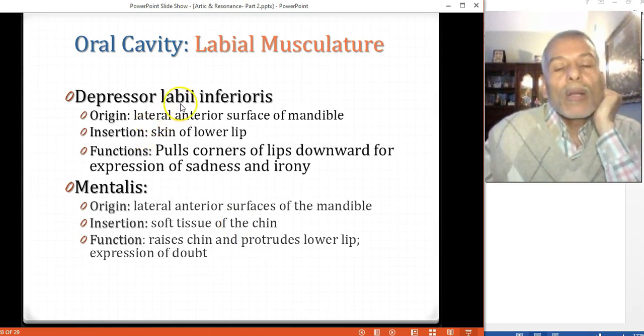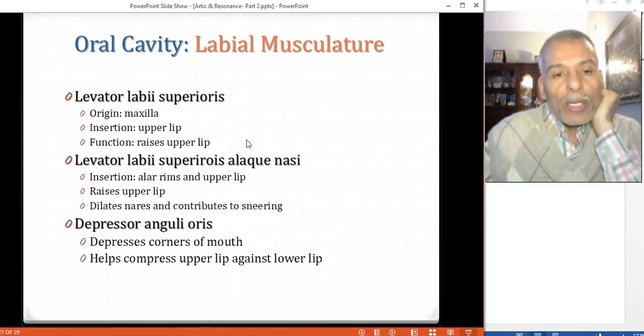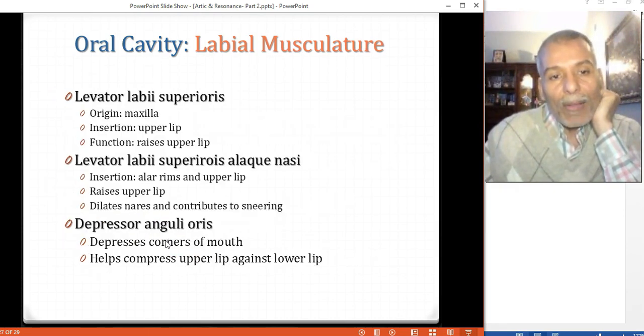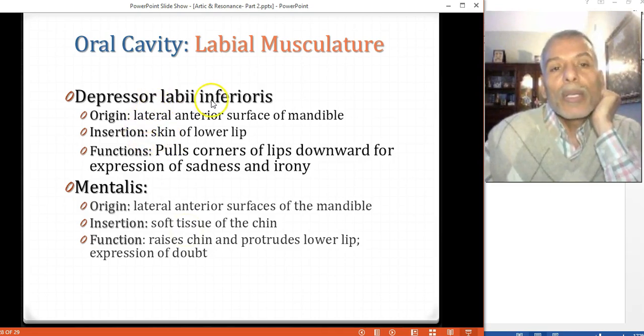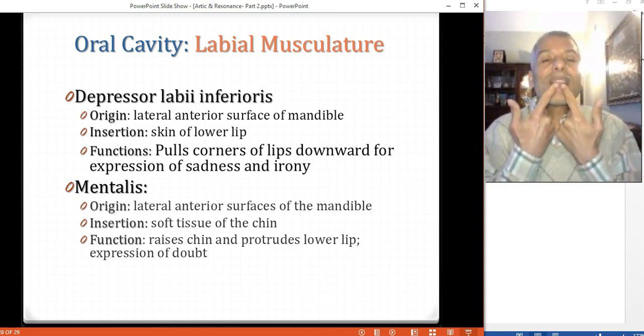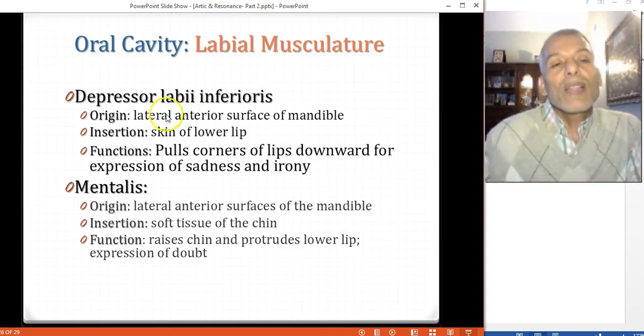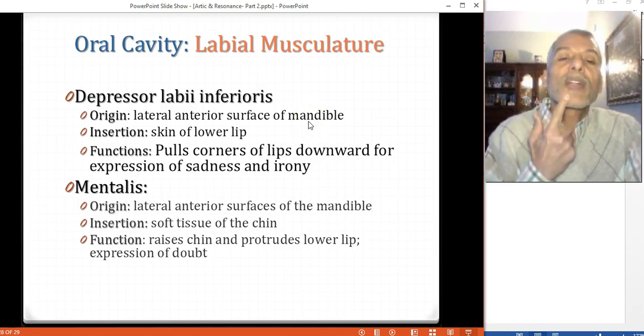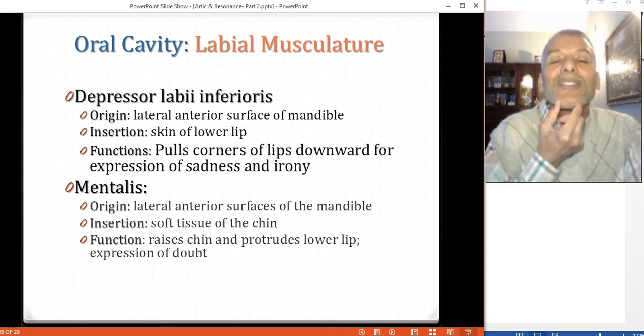The depressor labii inferioris. So here, depressor anguli oris at the angle of the lips. And then you have the depressor labii inferioris that is beneath the lower lip. The origin is the lateral anterior surface of the mandible. So in the front here, that's the front of the mandible.